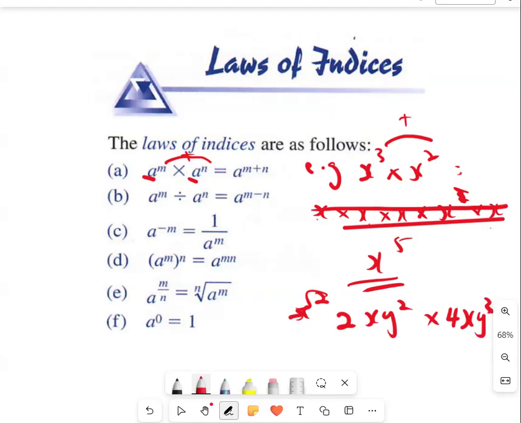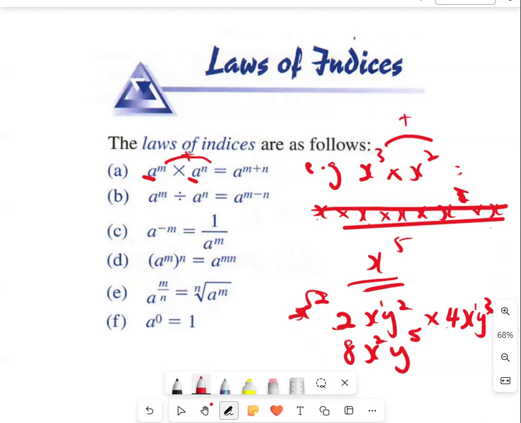You can apply the rule still. 2 multiplied by 4 gives you 8. x to the 1 power times x to the 1 power is x squared. Then you have y squared and y cubed, so you get y to the 5th power.